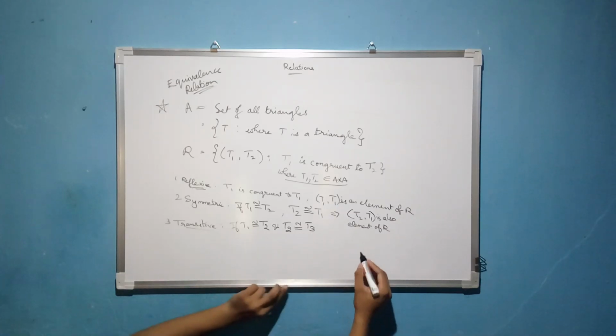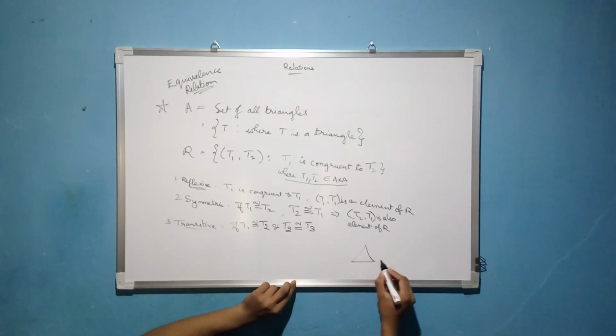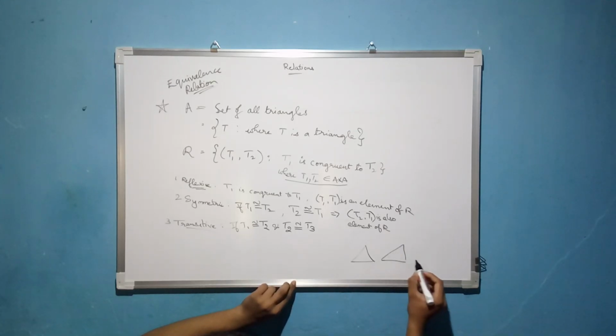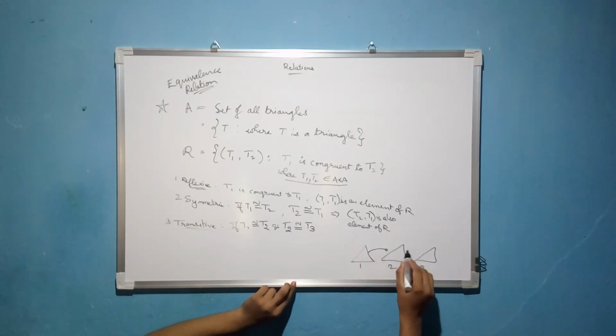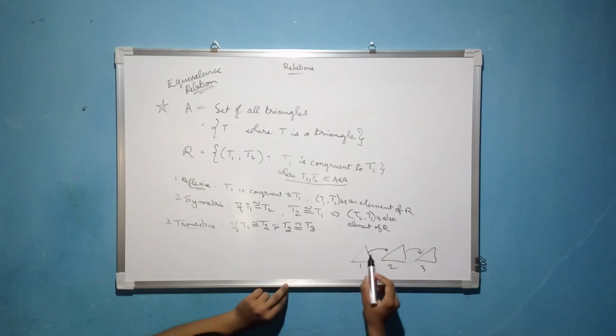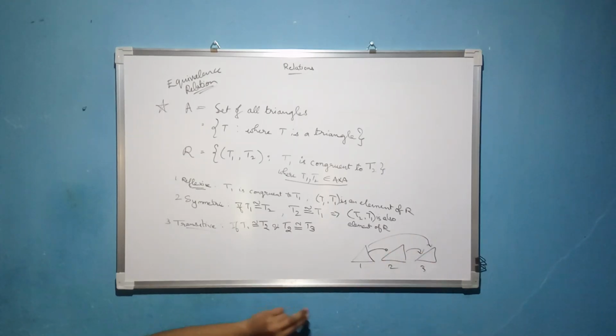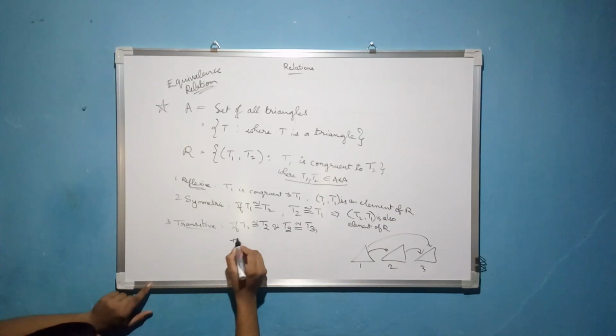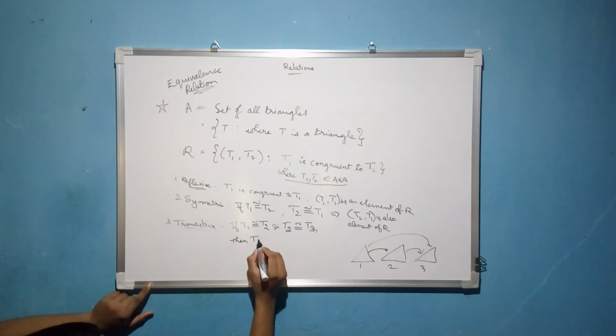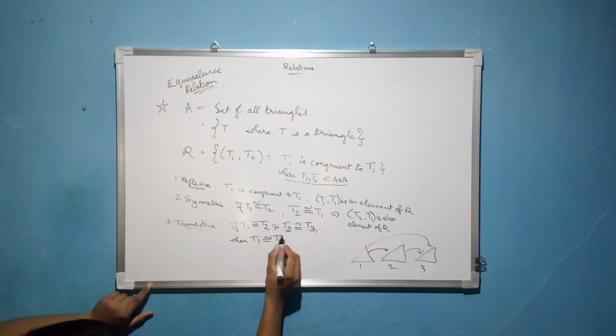Just draw a triangle. If this triangle is congruent to the second triangle and the second triangle is congruent to the third triangle, that means the first triangle is congruent to the third one. That is obvious. From that we can conclude that T1 is congruent to T3.